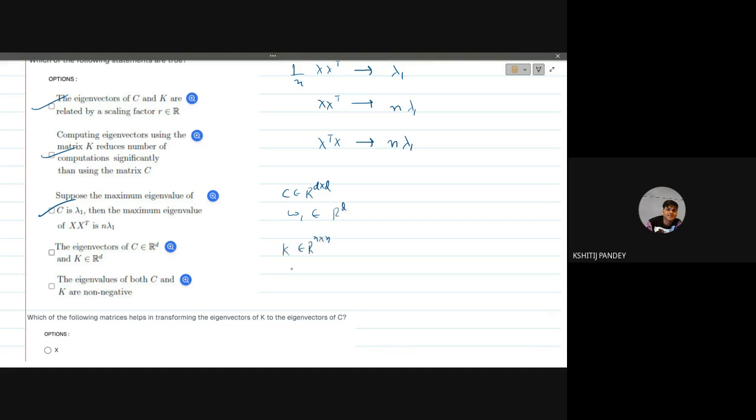Yes, this is correct. So this option right here is wrong because of this. Now the last option is the eigenvalues of both C and K are non-negative.